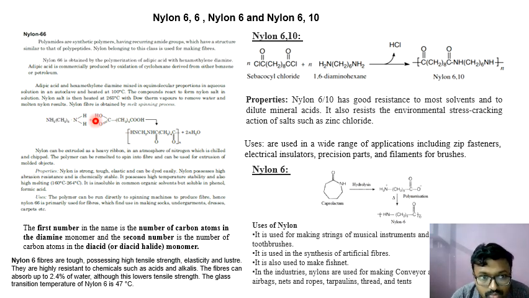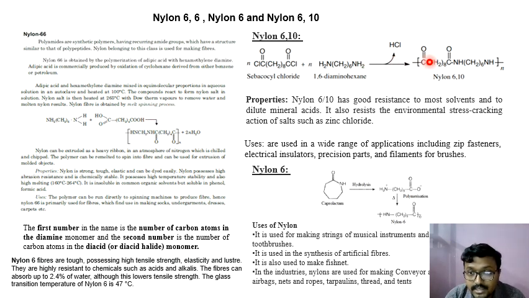When these two monomer units react, we form this unit, NH (CH2)6 NH C=O (CH2)4 C=O. In this repeating unit, you can see there are 6 carbons coming from one monomer molecule and another 6 carbons coming from the second monomer molecule. Because of that, it is called nylon 6,6.